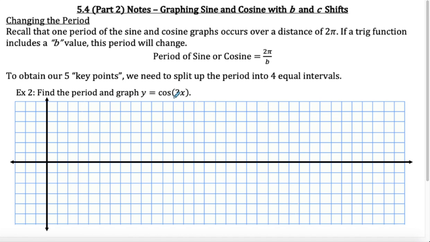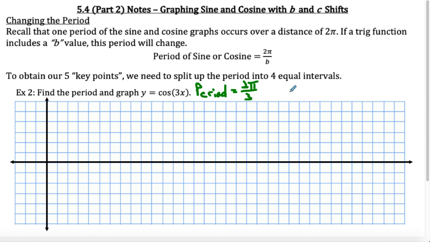So let's do cosine of 3x. Again, the period is just 2 pi divided by the b value. Here my b value is 3. That's all the simplifying I can do, so my new period is 2 pi over 3.